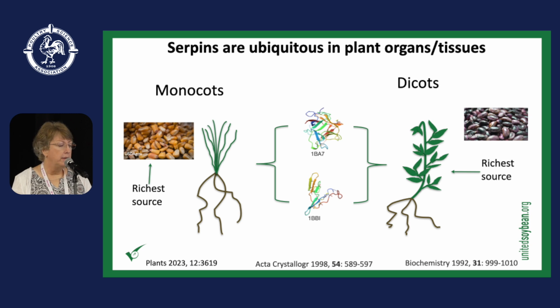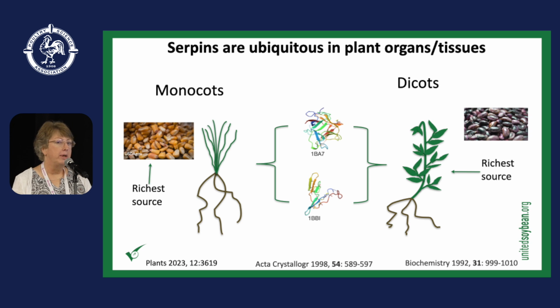And in monocots, they're found in all the vegetative tissues, so the leaves and the roots, and in the seeds, and they're found in dicots, in the leaves and the roots and the seeds. Surprisingly, the richest source in monocots is actually in the seed. And for dicots, it's predominantly in the vegetative tissue.